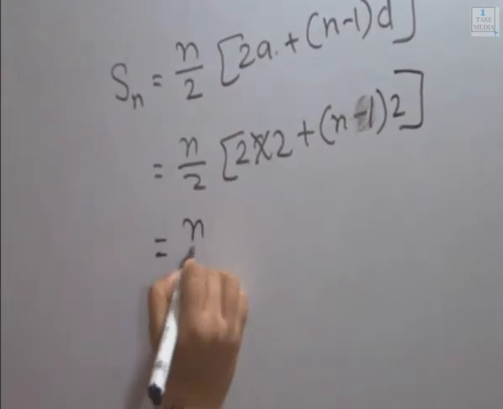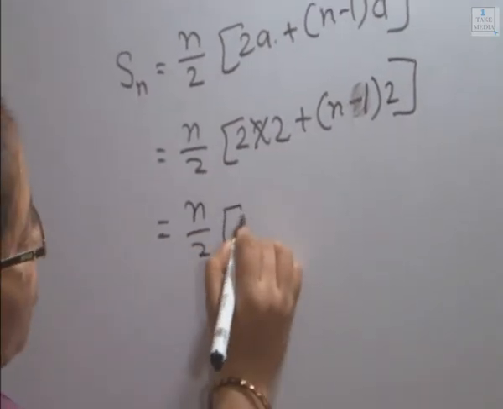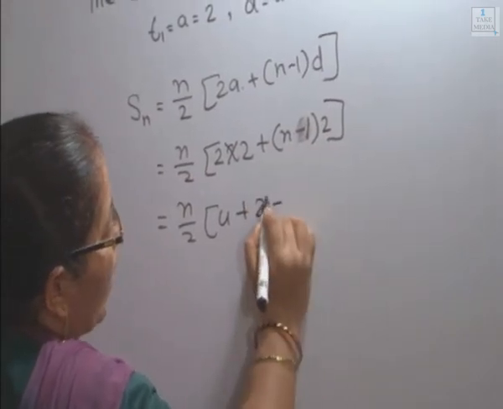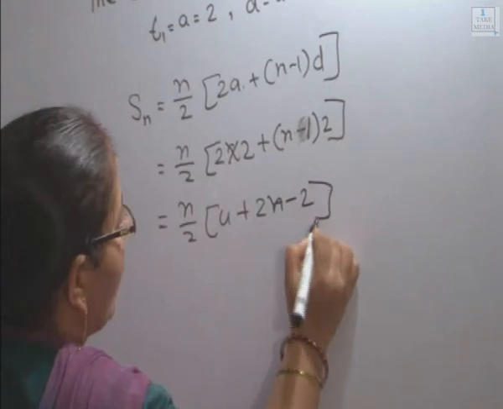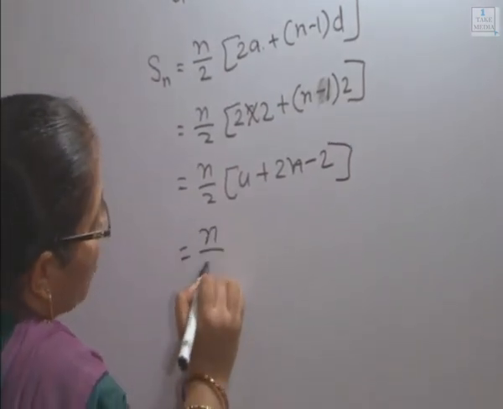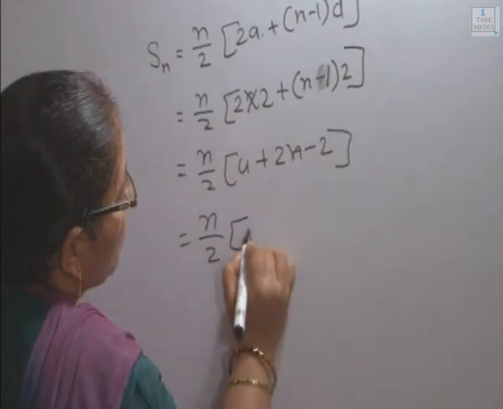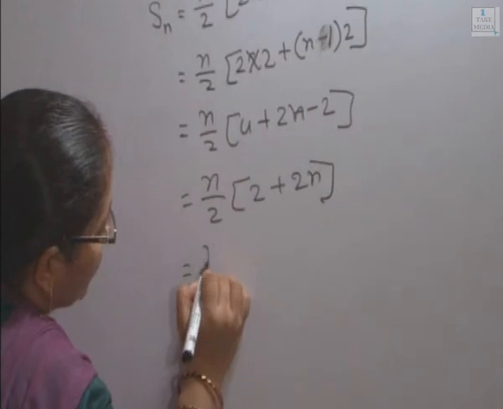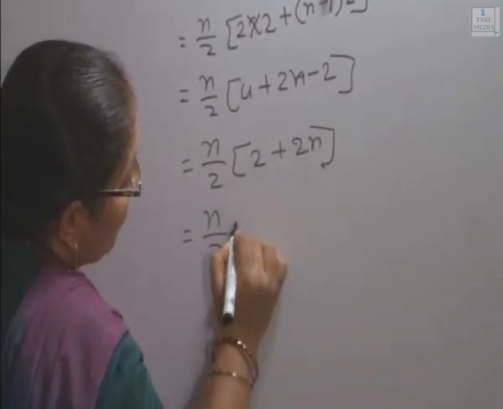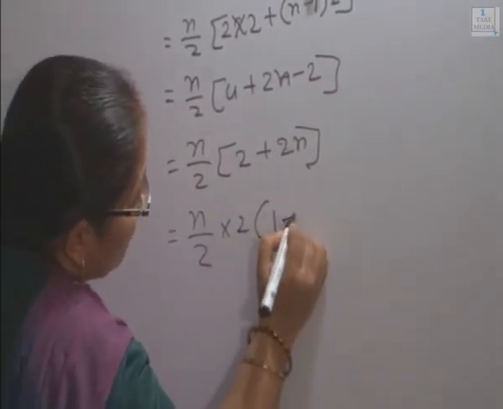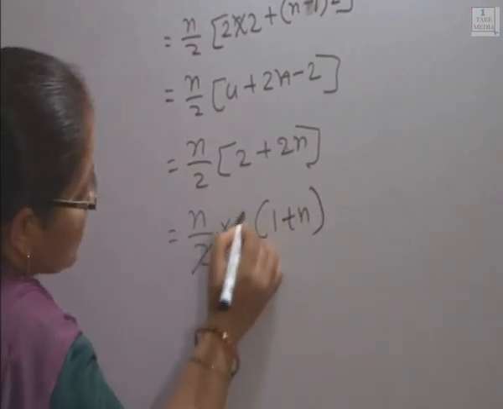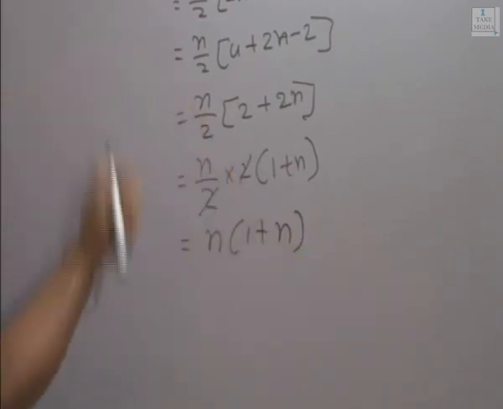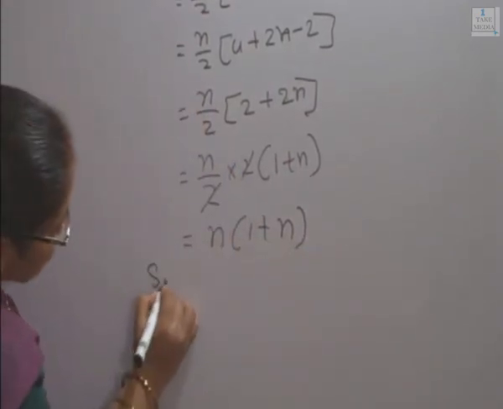So n upon 2, 2 2s are 4 plus 2n minus 2. So n upon 2 times 4 minus 2, 2 plus 2n. Here 2 is common. We take 2 common and write 1 plus n. We cancel 2 by 2. The value comes Sn equal to n times 1 plus n.